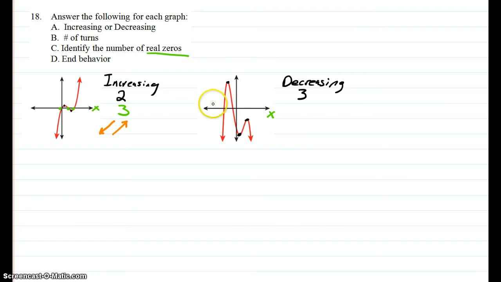It touches the x-axis once, twice, so 2 times. And so now the end behavior: as we go to the left towards negative infinity, it goes down. As we go towards positive infinity, it's also going down.